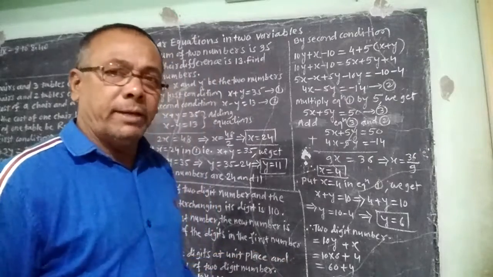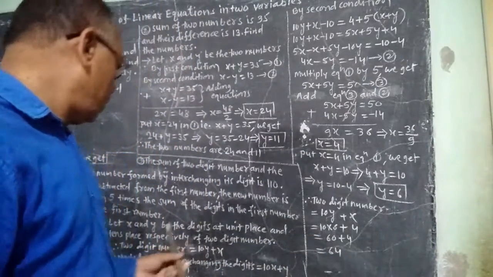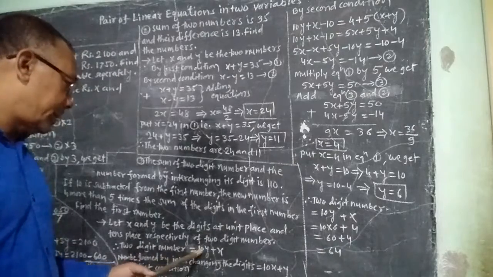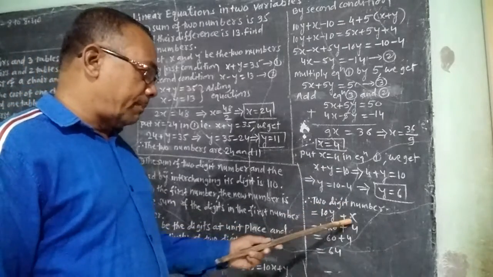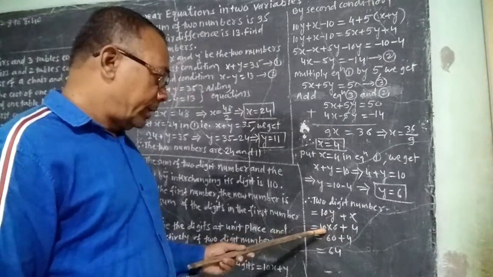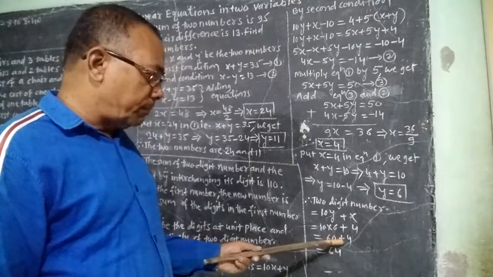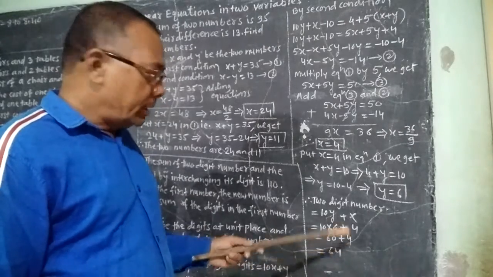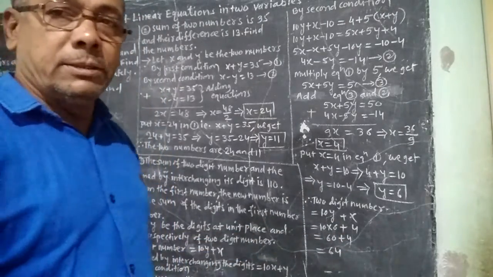Now we have to find our 2-digit number. We have the 2-digit number 10y plus x. Substituting the values of y and x, that is 10 into 6 plus 4, 10 sixes are 60 plus 4, that is 64. In this way our required 2-digit number is 64.